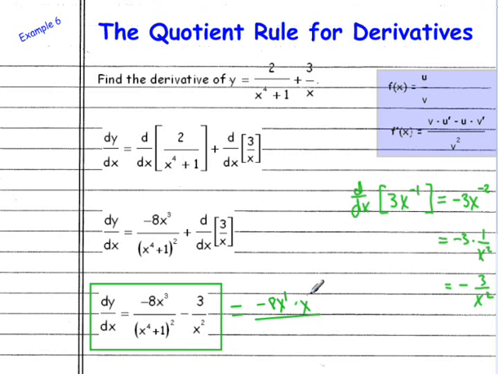So we have an x squared in this position, and of course we have x to the 4th plus 1, the quantity squared, times x squared. We just multiplied numerator and denominator by x squared. And here we're multiplying the numerator by 3 times x to the 4th plus 1, the quantity squared, divided by the original x squared multiplied with this x to the 4th plus 1, the quantity squared times x squared.